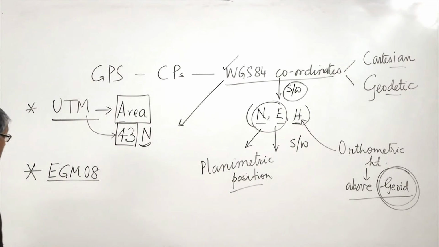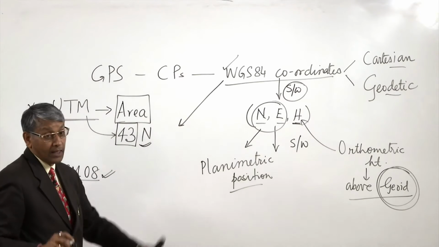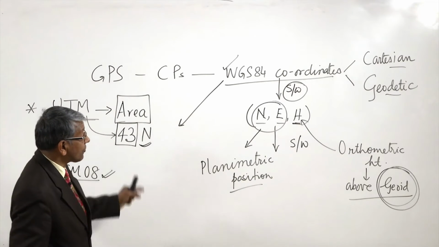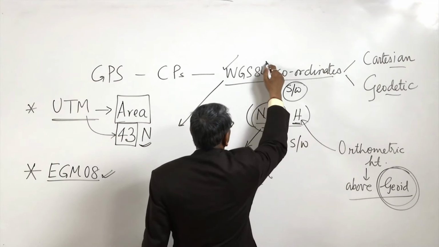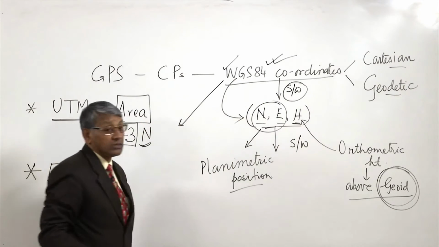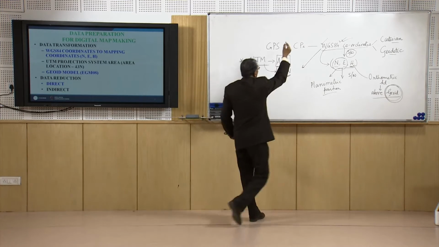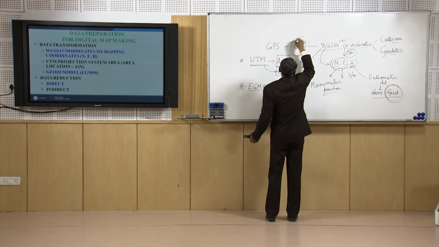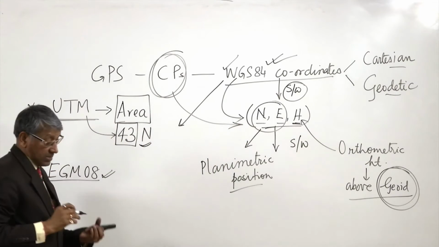So this is the information that we have to provide to the software, and then the software will provide the north, east, height locations corresponding to the WGS 84 coordinates. So for control points, this is the method by which we can get the north, east, height.